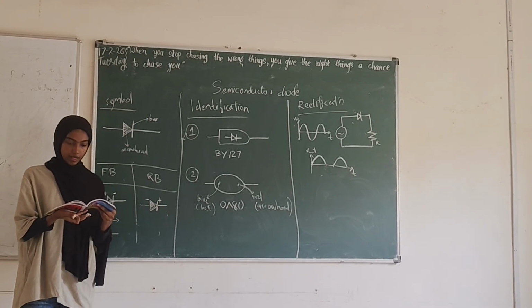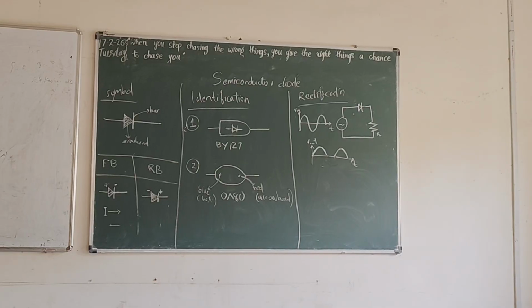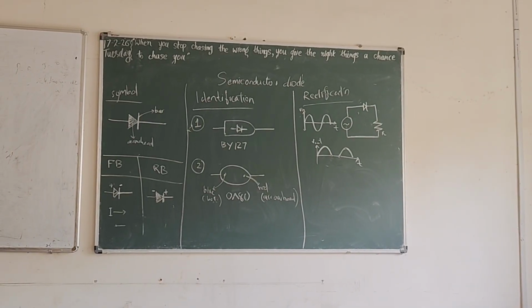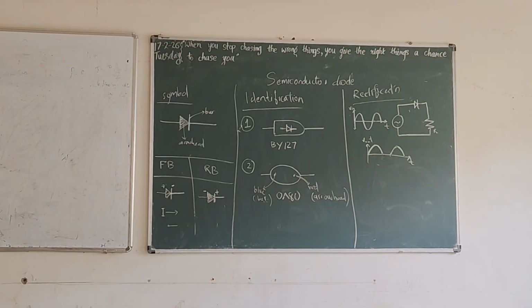Now I will give two or three problems. You have to identify where forward bias and reverse bias take place, in which case.